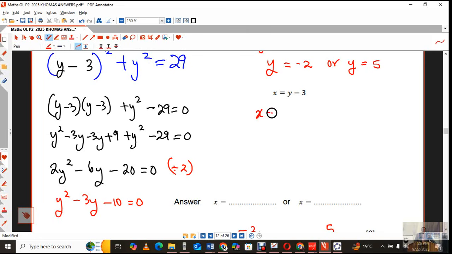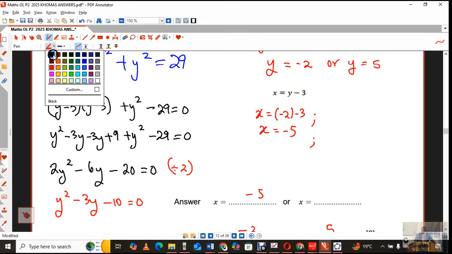So x will be negative 2 minus 3. So x will be negative 6, I believe. Okay, so you put negative 6 here. Is it? My goodness, it's not negative 6, it's negative 5. However I got to that answer, it's horrible. Negative 2 minus 3 is negative 5. There we go.